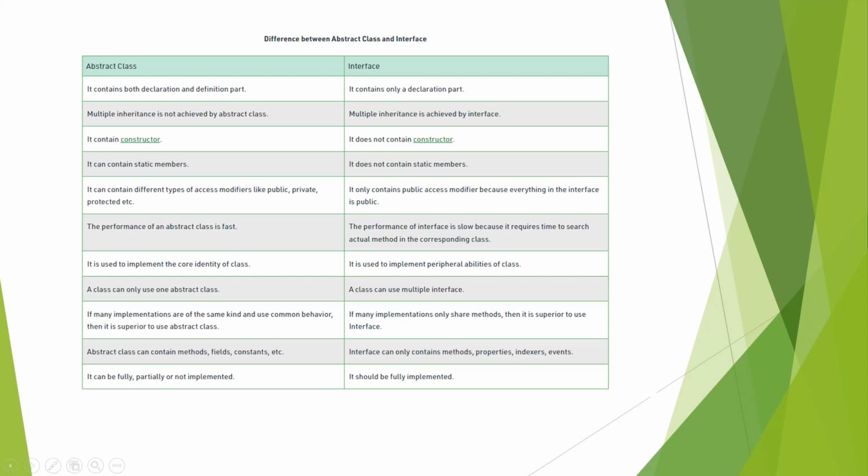First, an abstract class contains declaration and definition parts, but an interface has only the declaration part. Multiple inheritance cannot be achieved by abstract class, but with interface, yes. Abstract class can contain a constructor, interface does not. It can contain static members, interface does not. So these are all the differences you must be aware of before going to an interview, right?